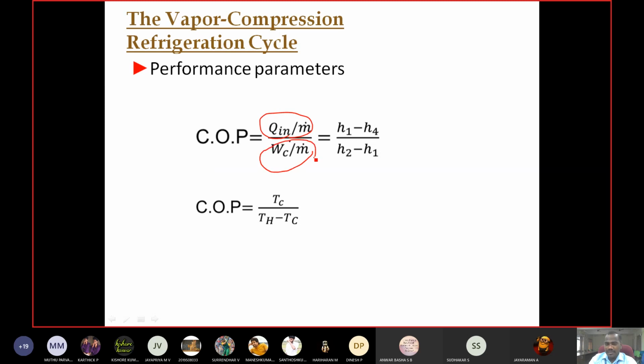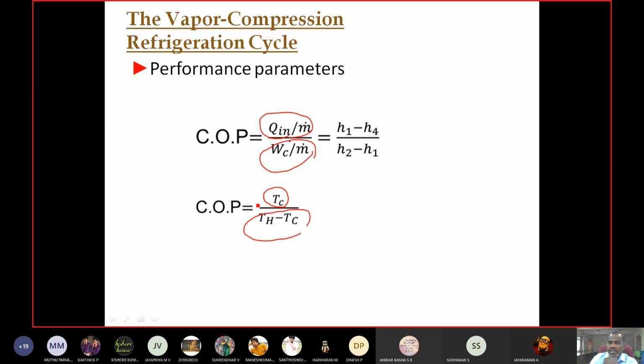Then we can simplify the equation as h1 minus h4 divided by h2 minus h1. Then there is the high temperature and low temperature, cold temperature. So this TC or TL is the low temperature, and TH will be the high temperature.